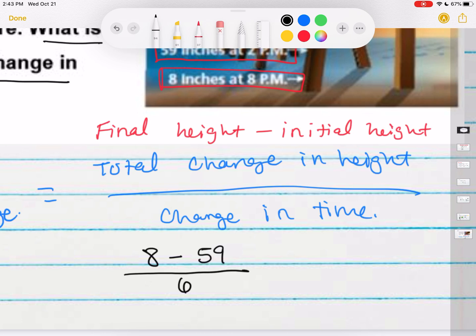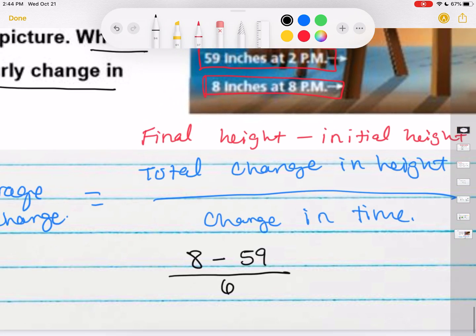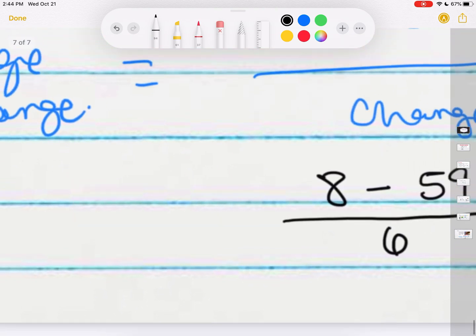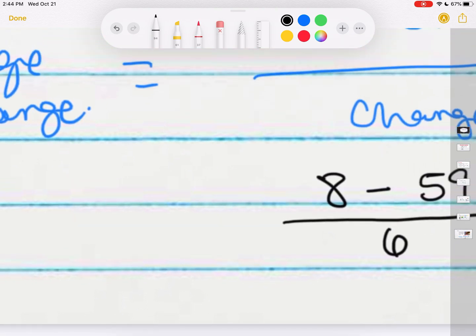Well, what is 8 minus 59? Let's see. I'm just going to go to this little corner right here to complete 8 minus 59. So it's a subtraction problem, so we're going to keep change flip. So 8, change the minus to a plus, and flip 59 and use its opposite, so that becomes a negative 59. So 8 plus negative 59. Now we're adding with two different signs.